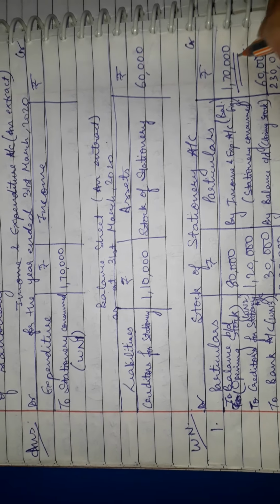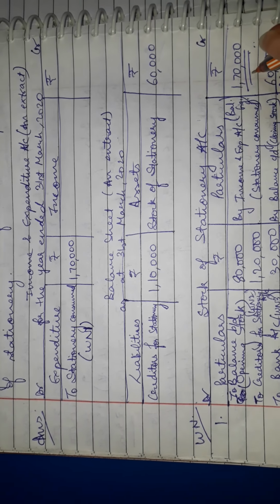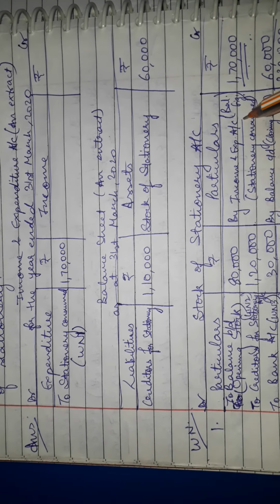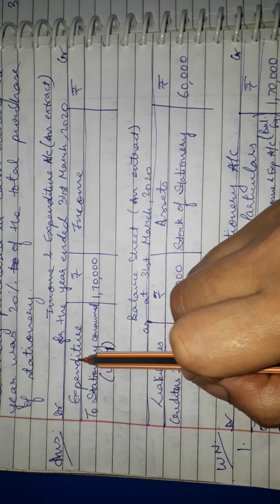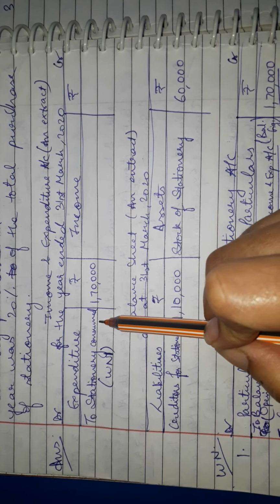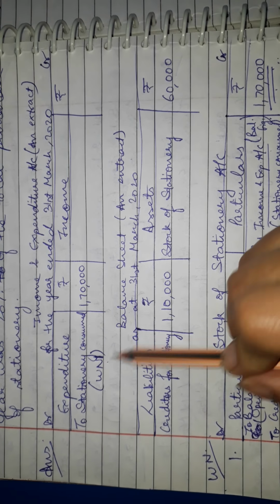Now we will plot all the information in the income and expenditure account and balance sheet. This particular amount will be debited to income and expenditure account. Hence it needs to go to the income and expenditure account, debit side under the expenditure head, stationery consumed, working note number 1, which is this.